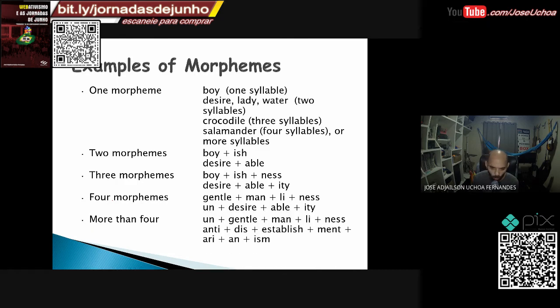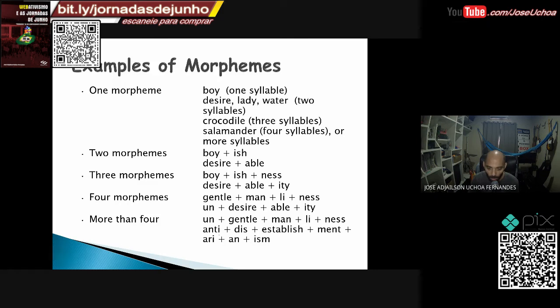more than four. For example, anti-disestablishmentarianism, when you are against the establishment and it's a trend that puts people together, like in communism, socialism, capitalism. Ism means a belief, yeah, that puts a group of people together under an ideology or a set of behavior.